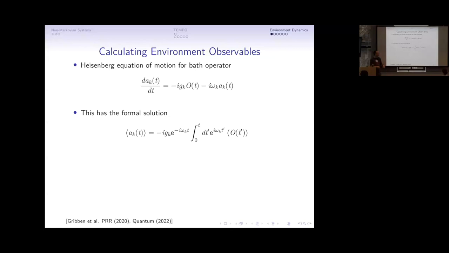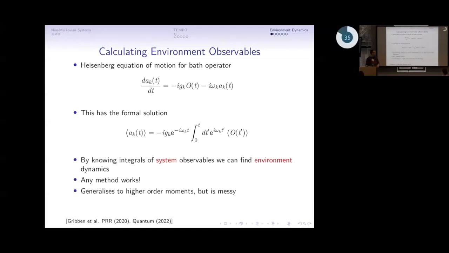So if I know the full dynamics of a system operator, then I can calculate the full dynamics of these first moments of a bath operator. So by knowing integrals of these system operators, I can know what's going on with the environment degrees of freedom. And this is really method agnostic. Any method which gives me dynamics of a system observable can give me dynamics of bath observables as well.